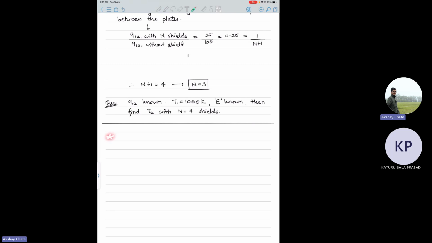So other than that, now let's go to the final topic, which is about enclosures, more than two enclosures, straight enclosures. I think curved enclosures and all are not in the syllabus. Flat enclosures with re-radiating surfaces. So there is something called as re-radiating surface.